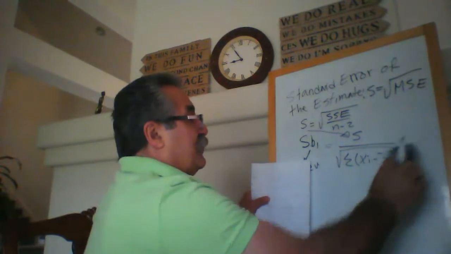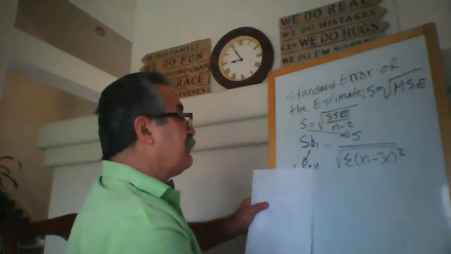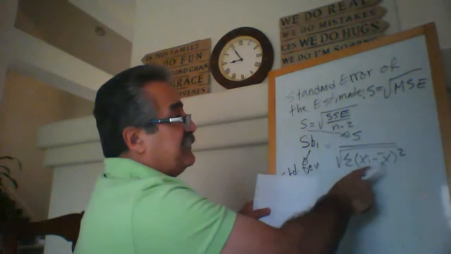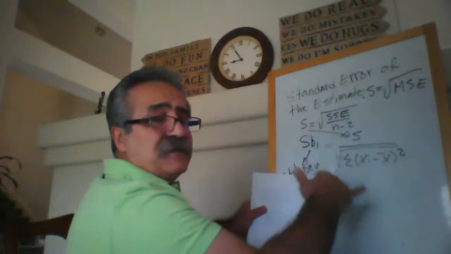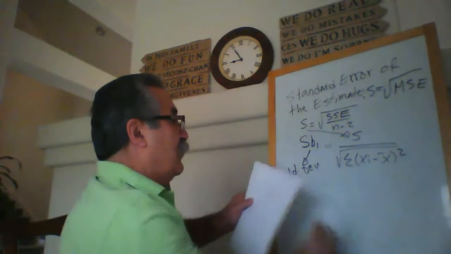As I remember, sigma of xi minus x bar square is the denominator of the formula that we use to calculate B1.